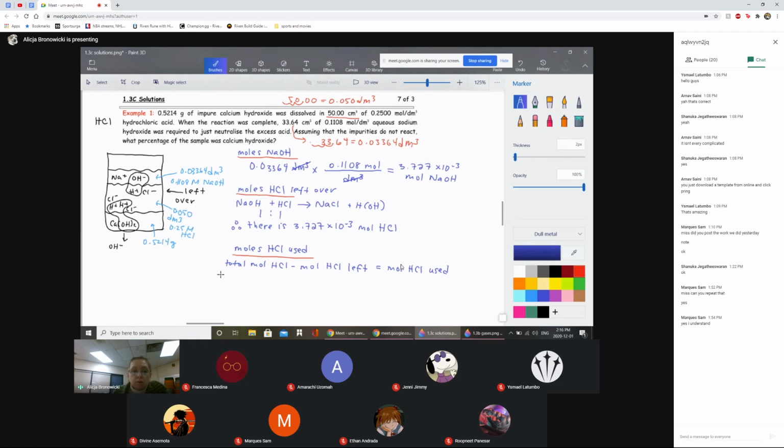So that was 0.050 dm3 times 0.2500 mol per dm3. These cancel. So I have 0.01250 mole HCl. This is my total moles of hydrochloric acid.